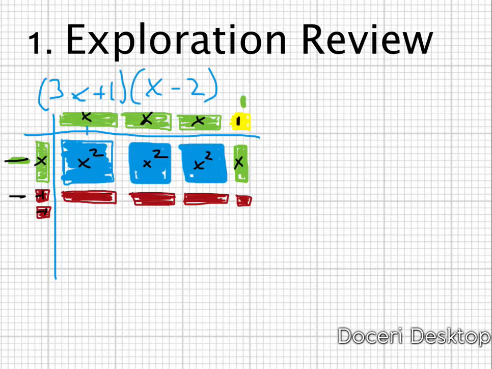And since I have negative 1 in the next row, I get the same situation. So I have 3 negative x's and a negative 1 in each row.